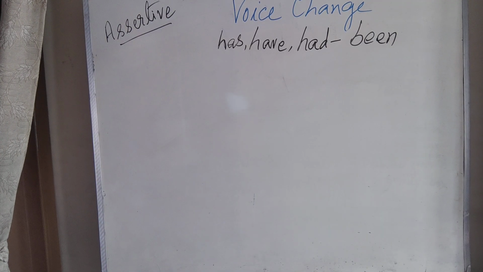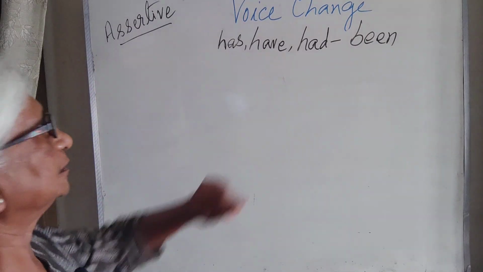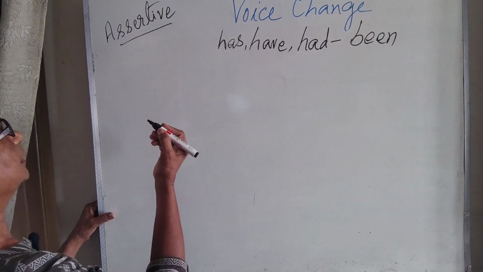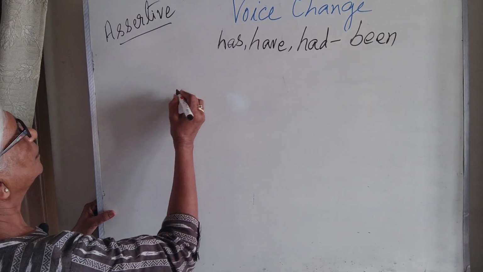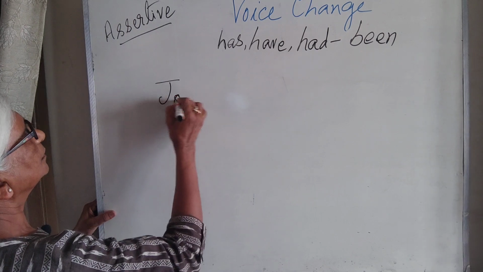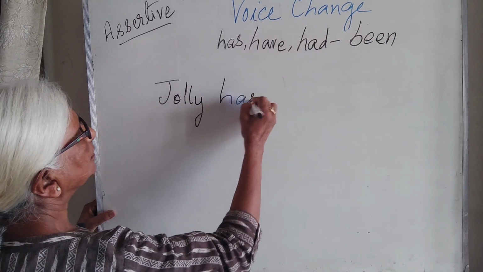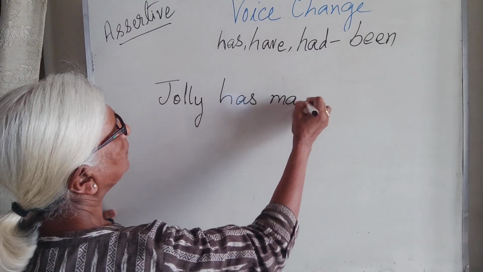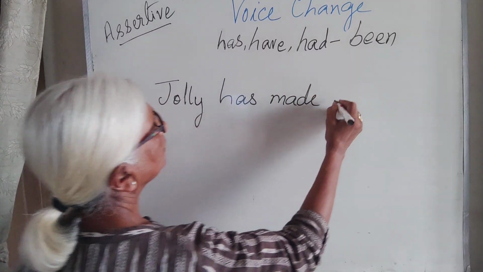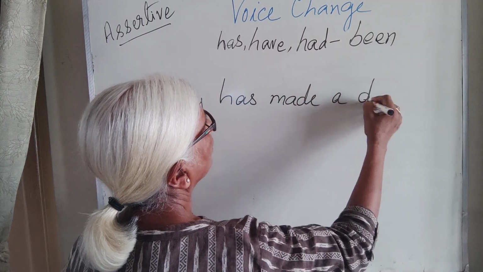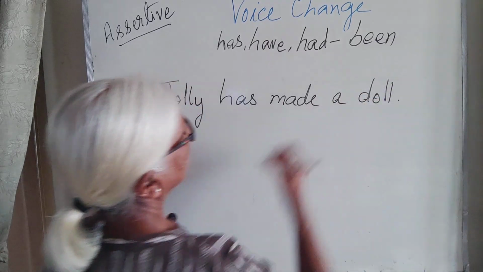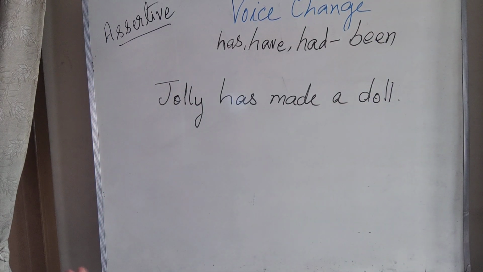Okay? Now, suppose we take a sentence from the present. Okay, let's take: Jolly has made a doll. Jolly has made a doll.